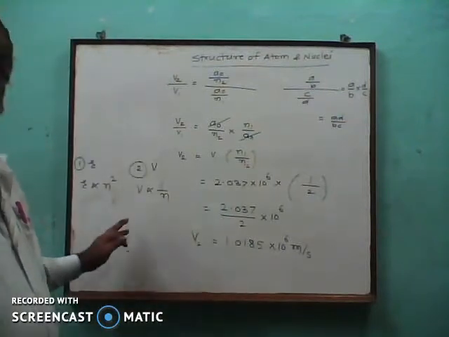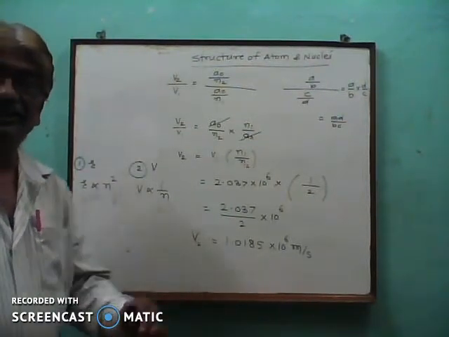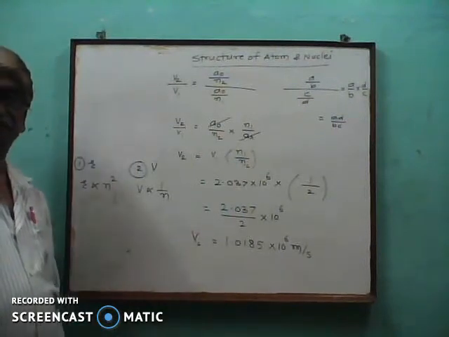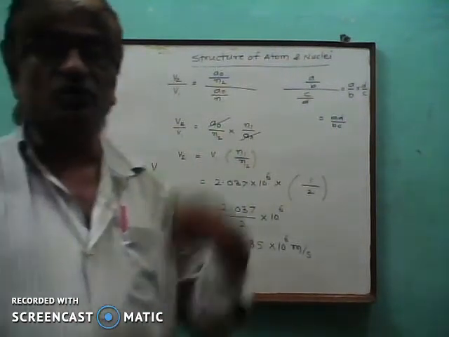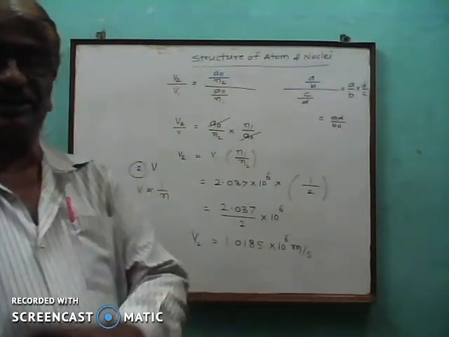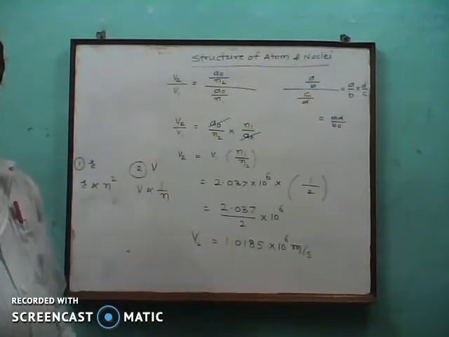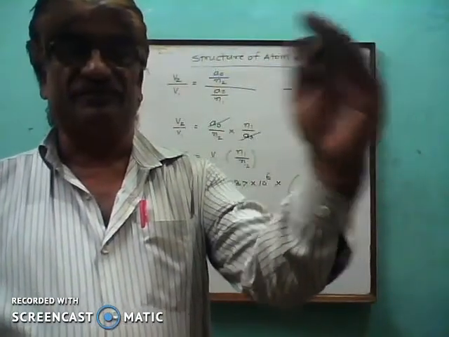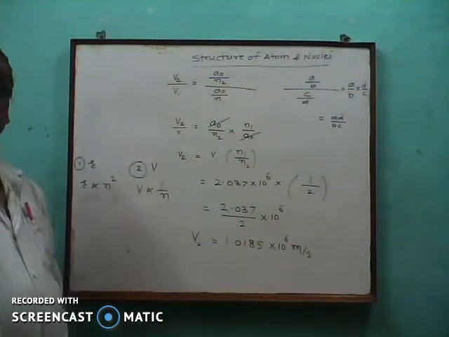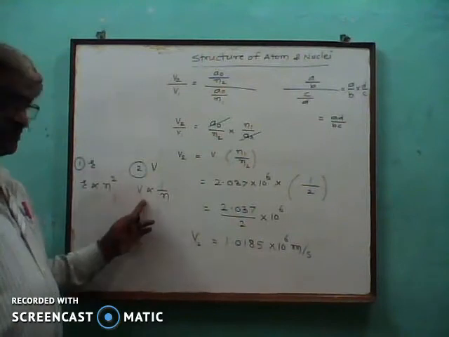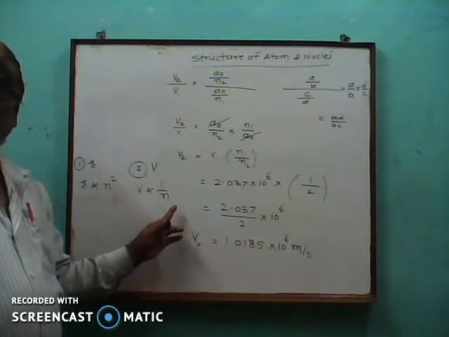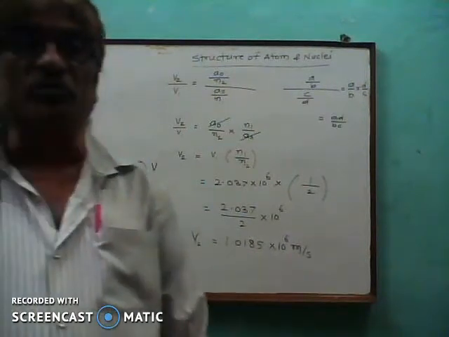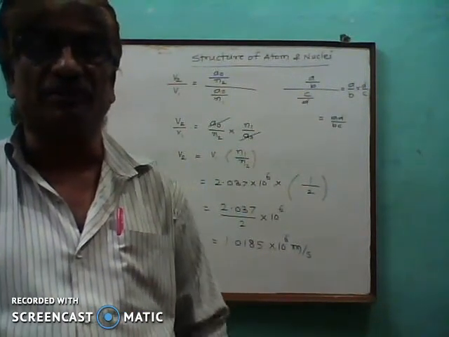This means if the orbit increases, the radius also increases, for example from second to third orbit. But if the orbit increases from third to fourth, the velocity decreases, because velocity is inversely proportional to the principal quantum number, while the radius increases because it is directly proportional to the square of the principal quantum number.